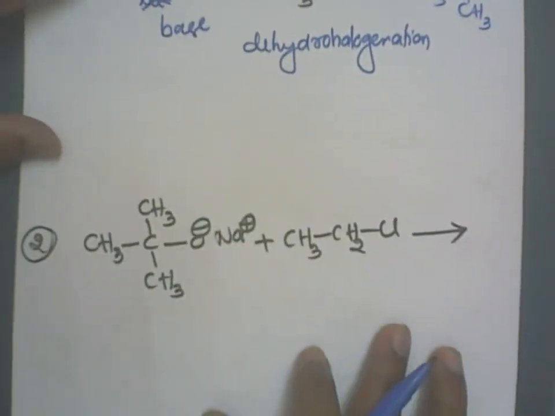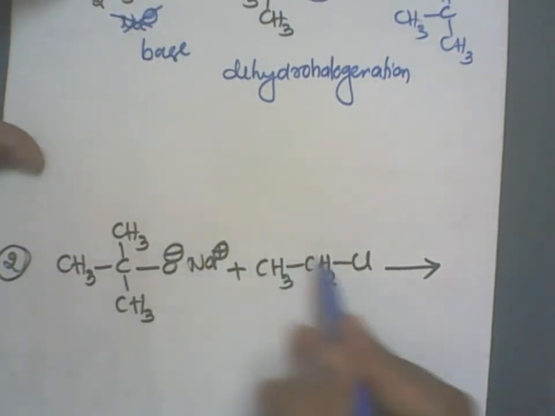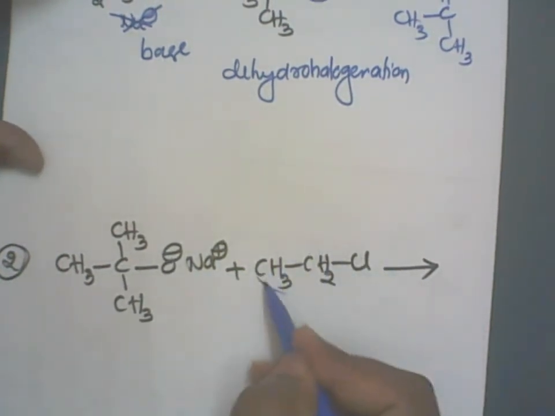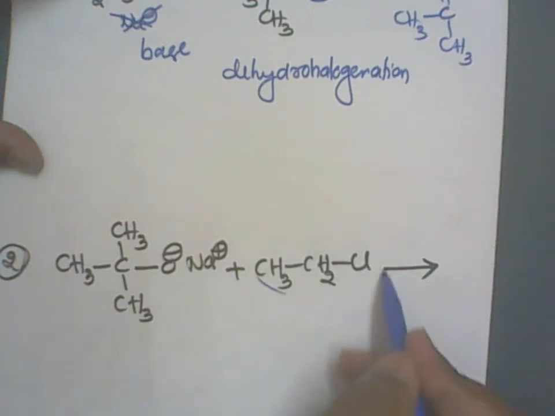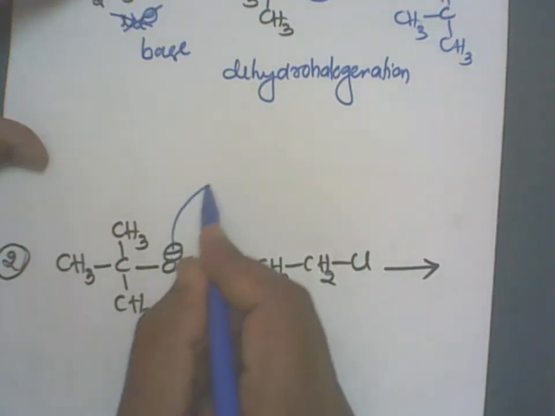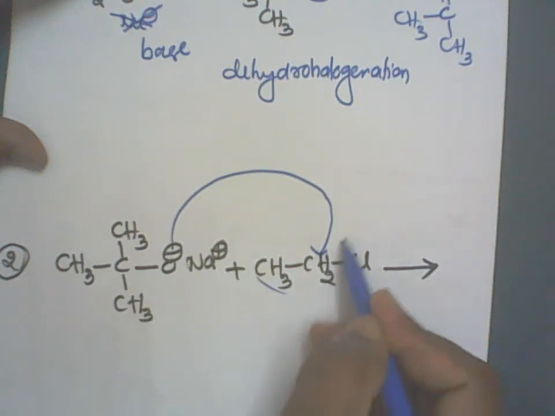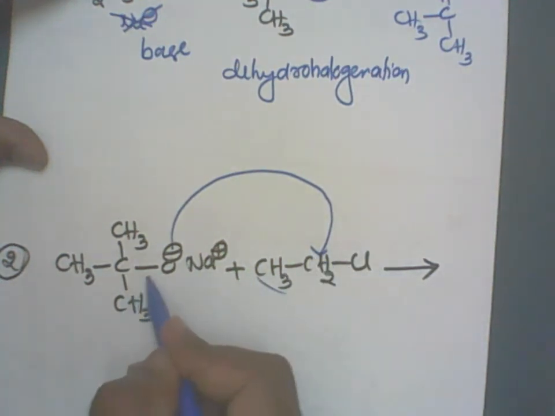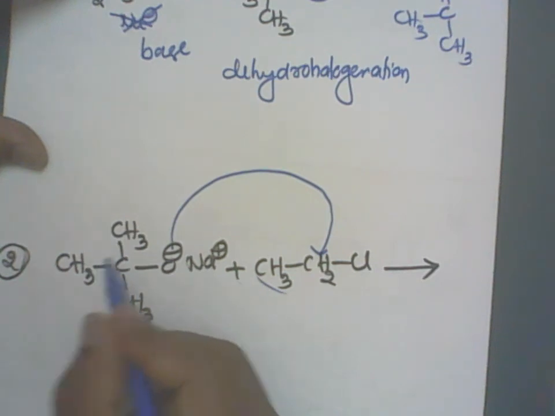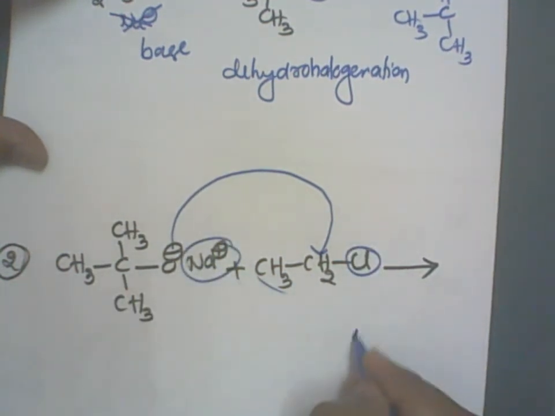Now see here, the reverse way around. A bulkier nucleophile can attack the smaller alkyl group. It is easy to attack the smaller alkyl group. A smaller alkyl group easily undergoes the nucleophilic substitution reaction. So the nucleophile can easily attack the carbon atom attached to the Cl, which is a smaller alkyl group compared to the alkoxide. What do you expect now? The side product is sodium halide as usual, which is of no interest to us.